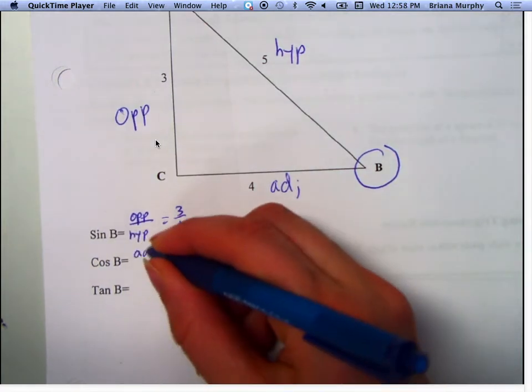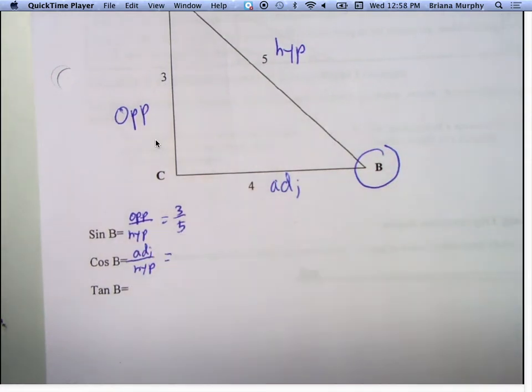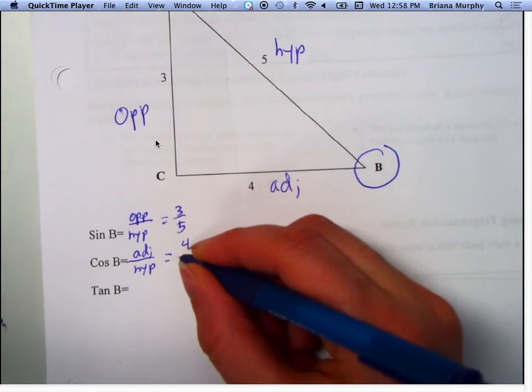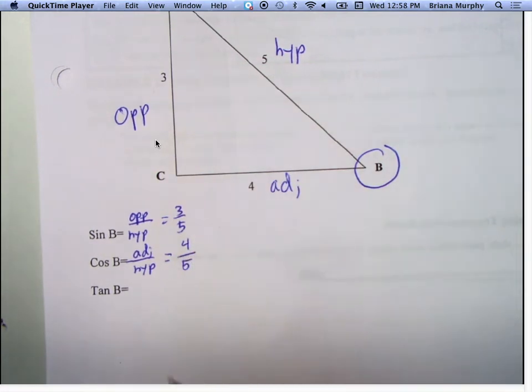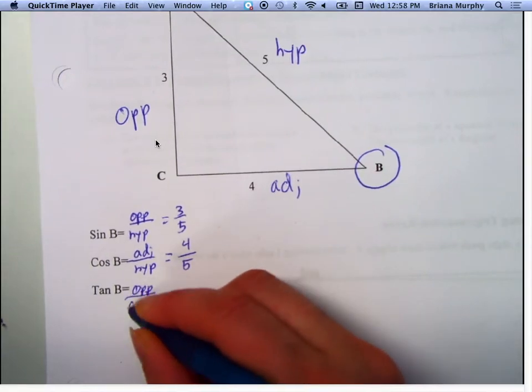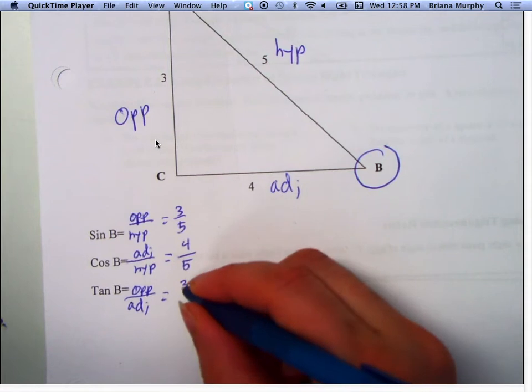Adjacent over hypotenuse. So that would be 4 over 5. Good. And tangent? Opposite over adjacent. And that would be 3 over 4, right?